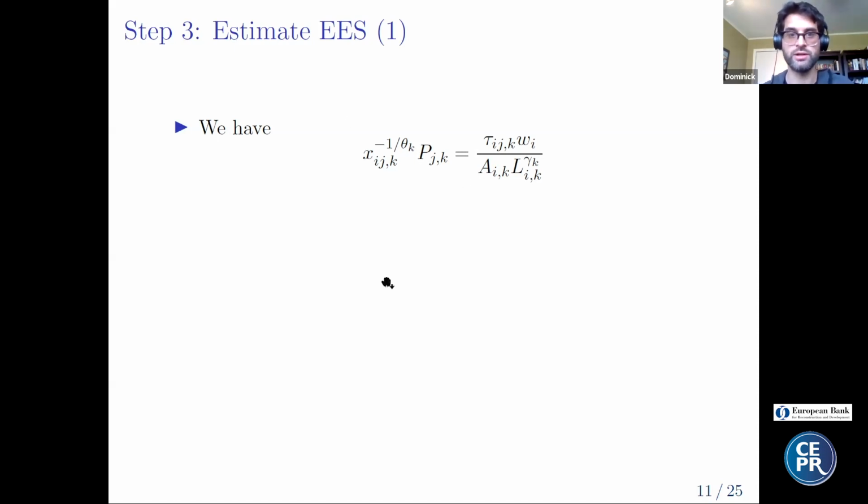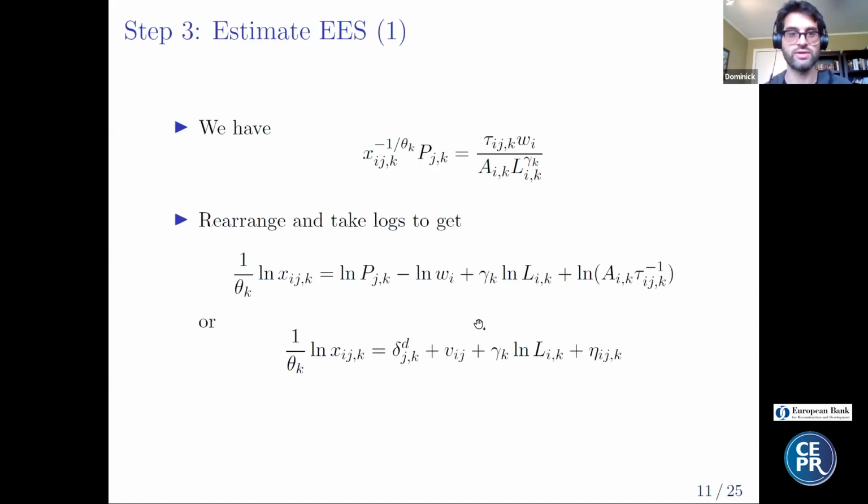Just to remind you, we have this trade-revealed measure of productivity, after we strip out the influence of the importer price index. According to our theory, it's going to be equal to the wage, an exogenous productivity term, this endogenous productivity term, and then this bilateral shifter, which is also exogenous.